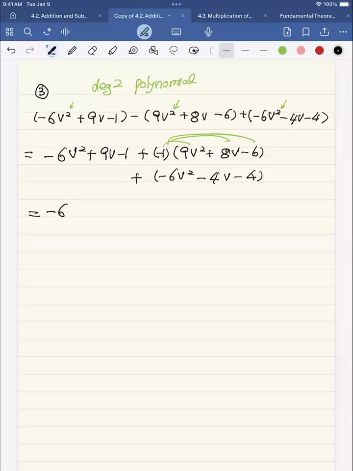Let's copy what was in the first parenthesis. That's -6v squared plus 9v minus 1 minus 9v squared, and then minus 8v minus 1 times 6 plus minus 6v squared minus 4v minus 4.